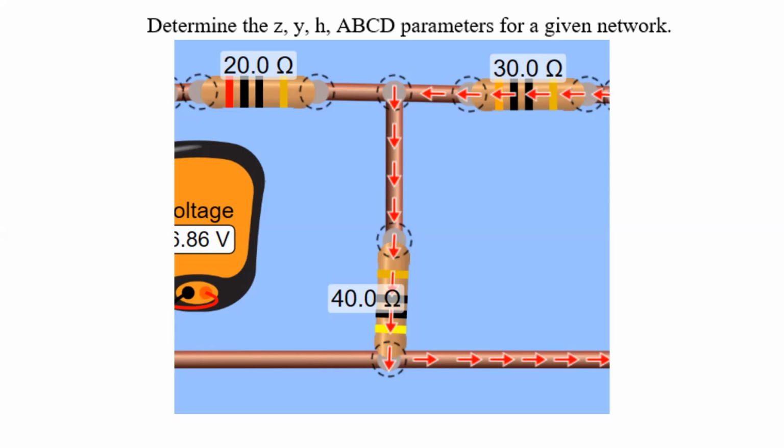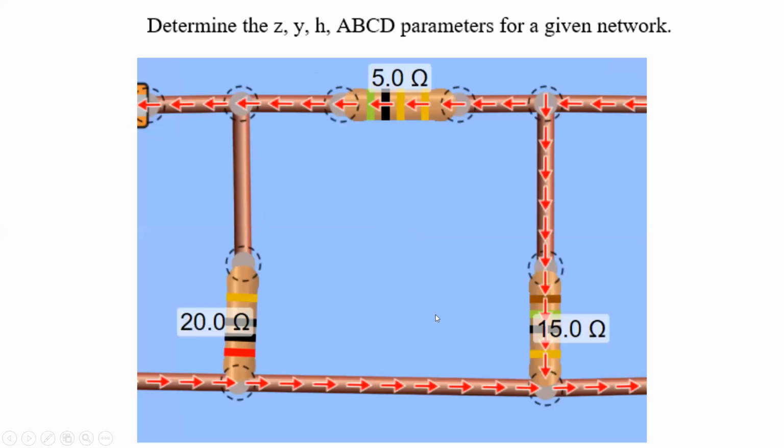For every experiment I expect every roll number to assume their own values of resistances, voltages and currents, but the network will be similar. It is a T network: one resistance here, another here, and a third here, forming the English letter T.